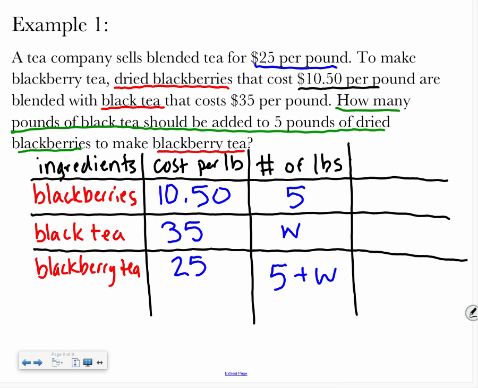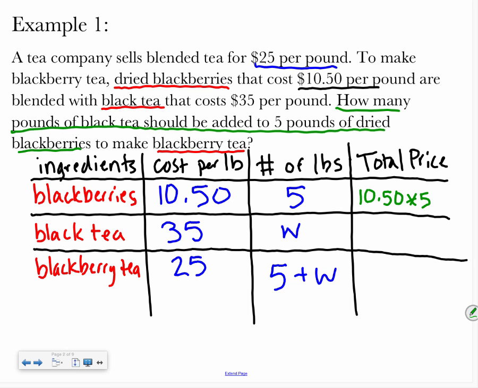Our last bit of information, we're concerned with what it costs, right? We want to know how much money we need to buy the tea that we want. So in order to figure out our total price, we know our cost per pound and we know the number of pounds. So we can take 10.50 in this instance and multiply it by 5 to get our total price.